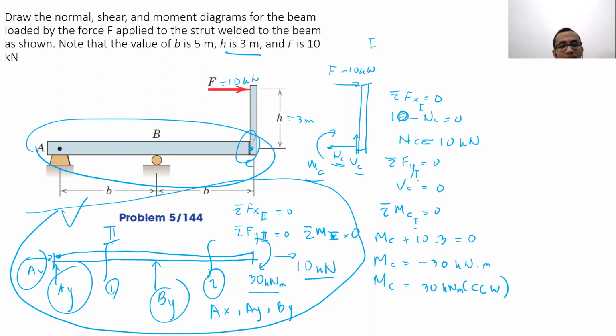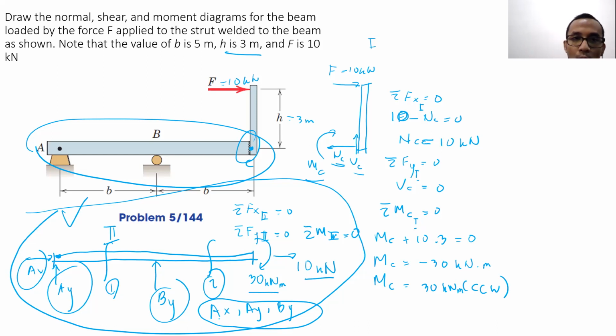But because the time is not enough, try to do it by yourself to find Ax, Ay, By, and the distributed force and normal, shear, and moment diagrams. You can practice by yourself.